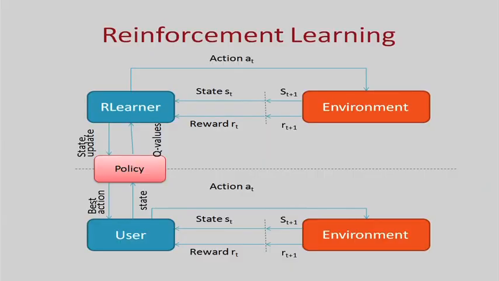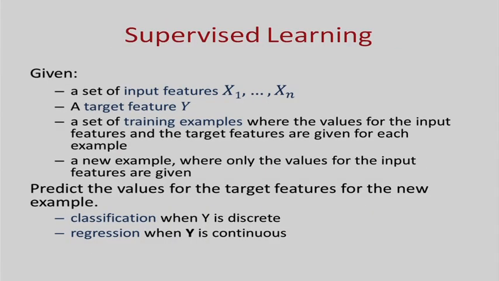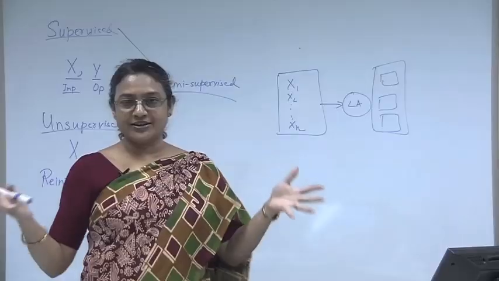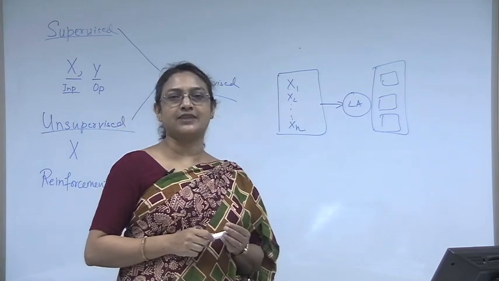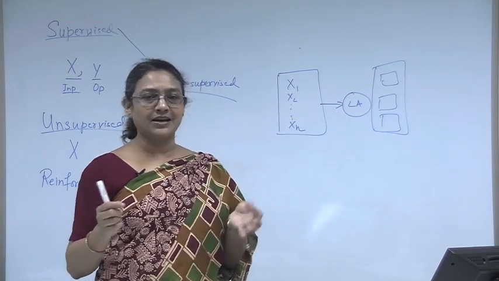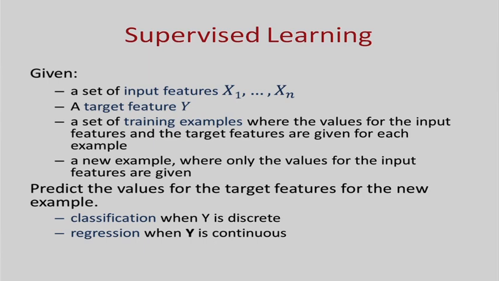We will not talk about details of reinforcement learning in today's class. So, most of this course we will talk about supervised learning, and we will spend some time on unsupervised learning. So, let us look at more details about what supervised learning is about.